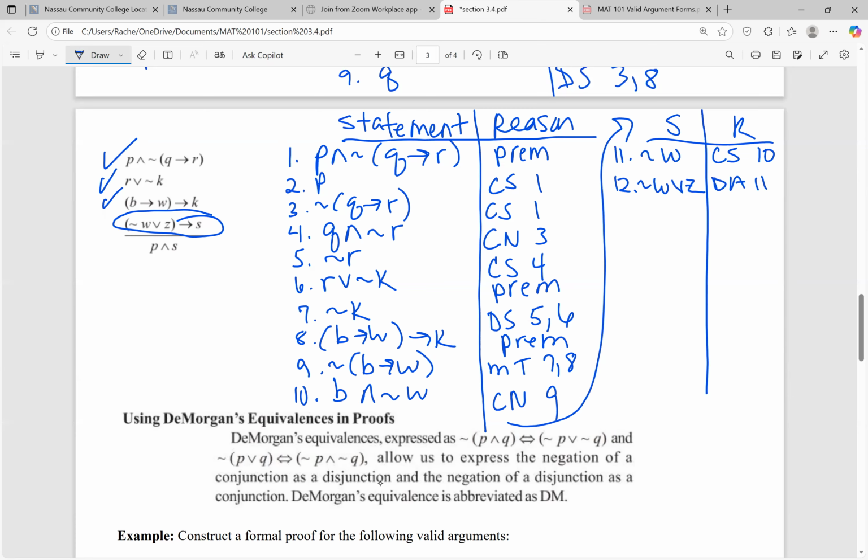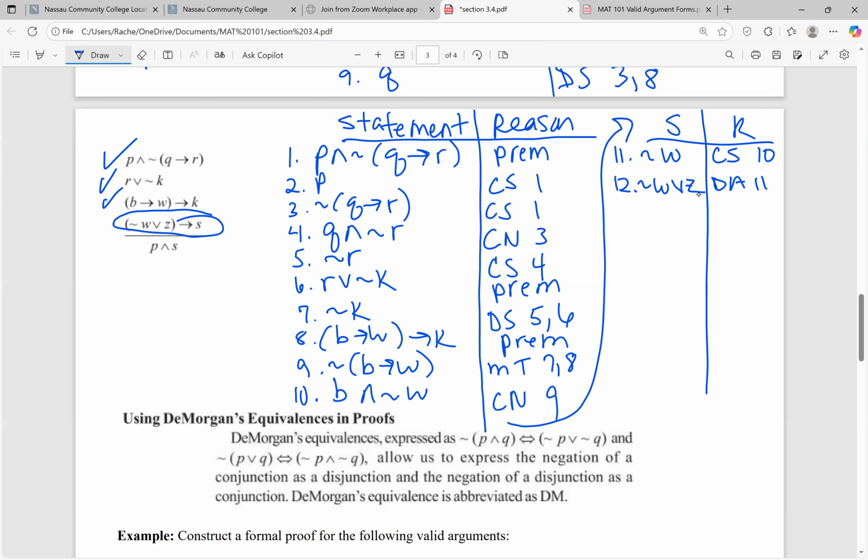On statement 11. So since not W is true, I could join it, right, with any other statement I want. It's still going to be true as a disjunction.